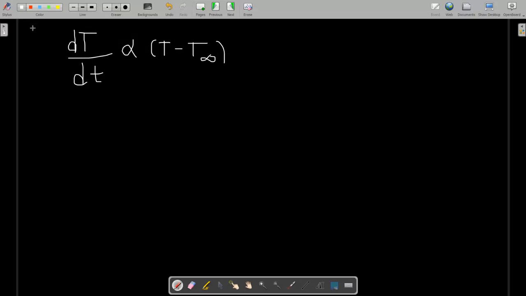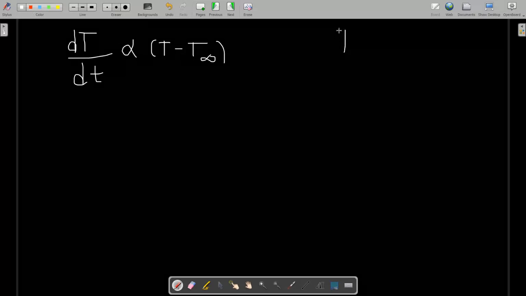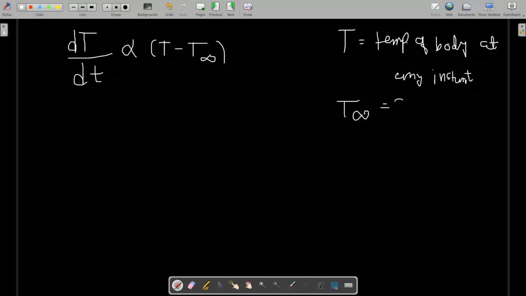Here I am writing the notation: the capital T means the temperature of the body at any instant, and T infinity is the surrounding temperature, which is constant, or you can say the air temperature in our case.